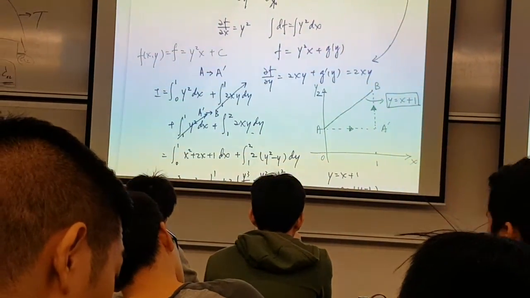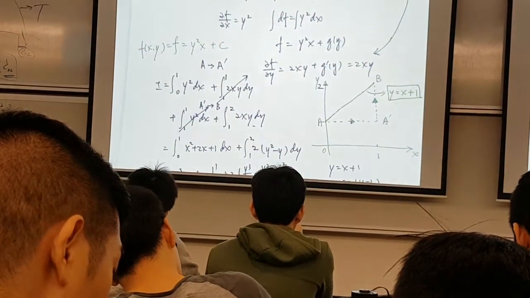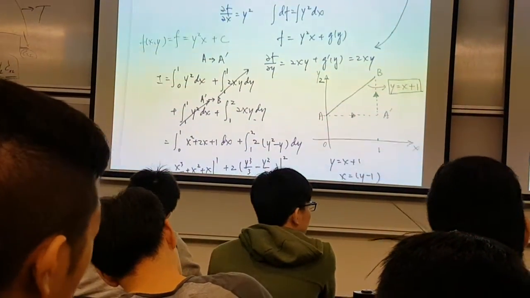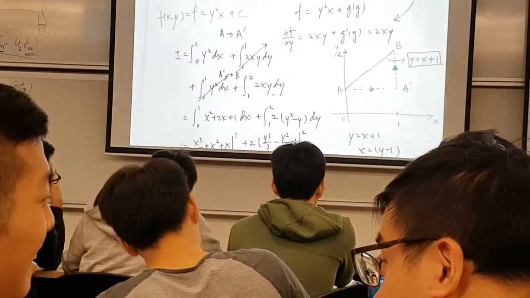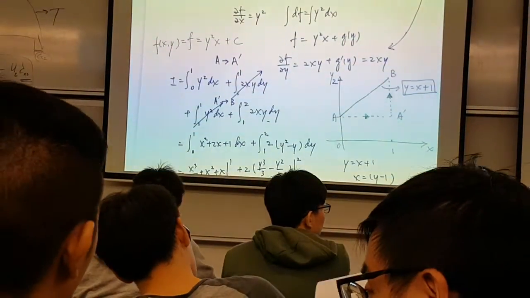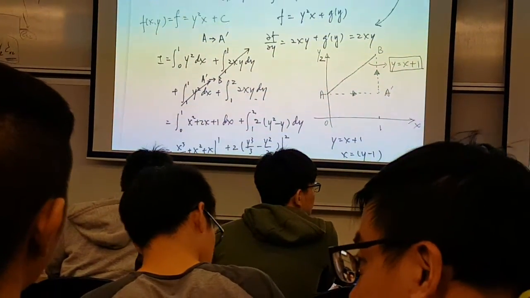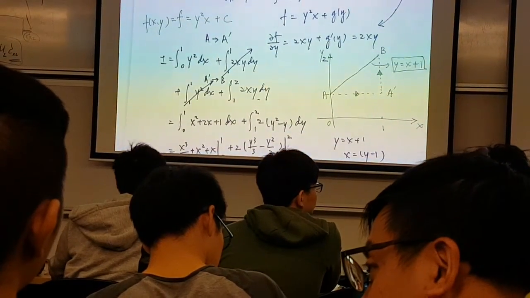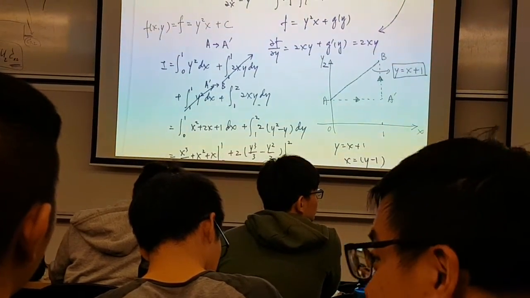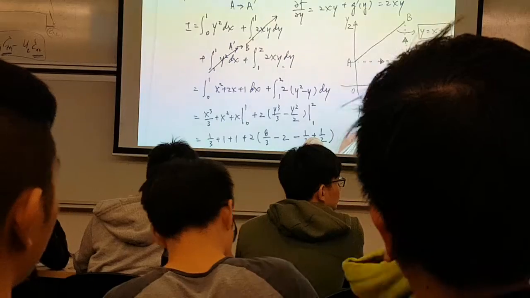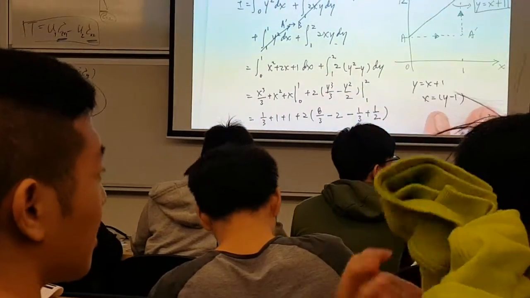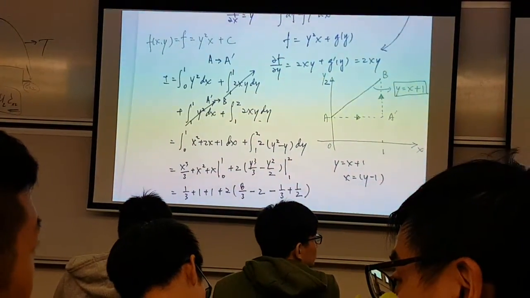Right? Plus half. So this one is going to be equal to 1, 1, 1/3, so is 7 over 3. Alright? 1/3 plus 1 plus 1 is 7 over 3, and then plus.